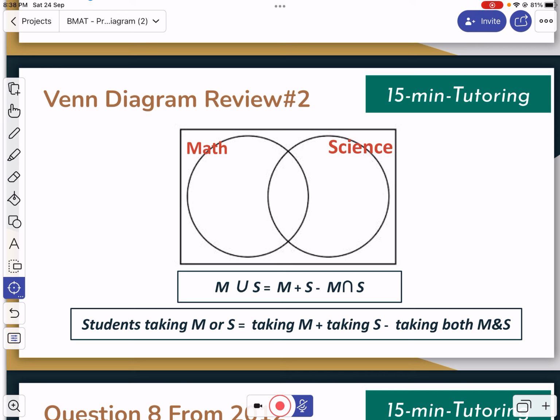Or in plain English, students taking math or science is equal to number of students who are taking math plus number of students who are taking science, and then subtract number of students who are taking both math and science. And that is a review of Venn diagram. Now, you are ready to take this concept and apply it to solve BMAT question.